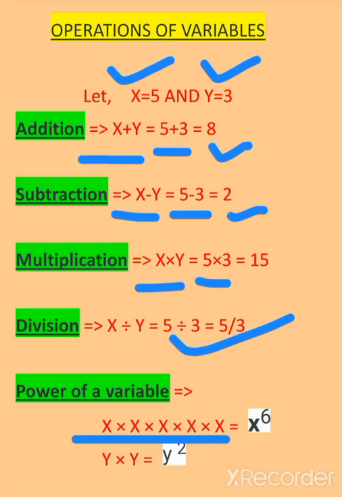So power of x will be 6 because we are multiplying x 6 times. So this is the power of a variable. That means how many times we are multiplying our variable, that will be its power. You can see it will be represented as x raised to the power 6. This is the representation of power of a variable.